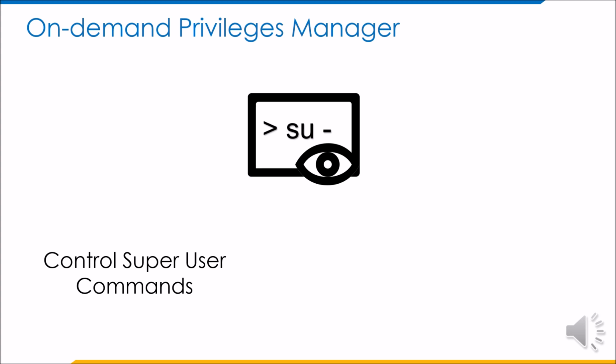Instead, the user logs in with their own account and issues elevated commands using OPM. This ensures that the commands that are allowed can be controlled, and hence we can enforce the least privilege policy.